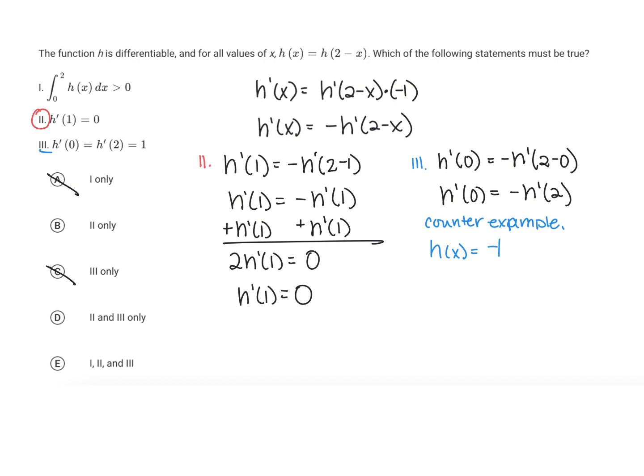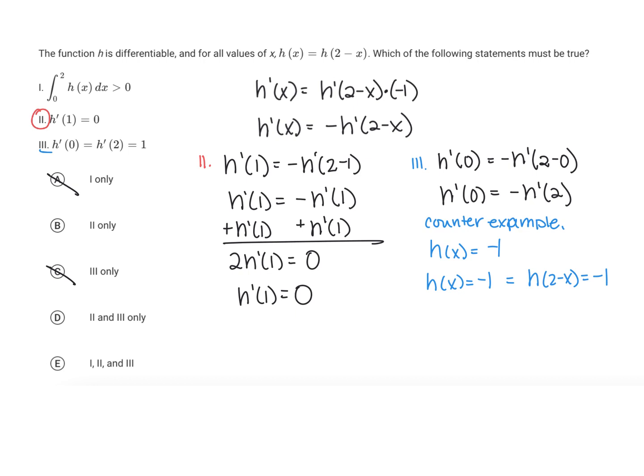It's differentiable. Its derivative exists everywhere. And this would be true because if h of x equals -1, then h of 2 minus x is -1 as well. Regardless of what I plug in, h of 2 minus x will still be -1. So I'm going to let h of x be -1, which means h of 2 minus x also equals -1.